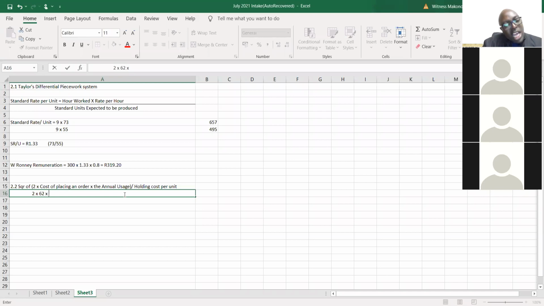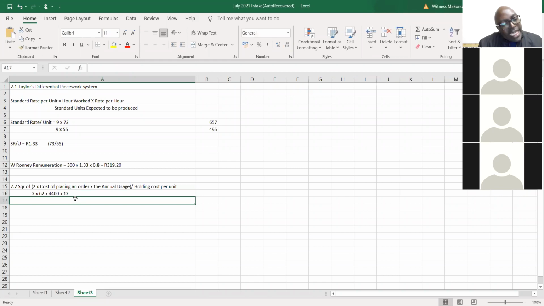Then the annual usage: we are given the monthly usage, which is 4,400. So you need to convert the monthly usage to an annual usage by multiplying by 12. The denominator is the holding cost, which is the same as the carrying cost, 10% of the purchase price. The purchase price is 90, so 10% of 90 is 9.